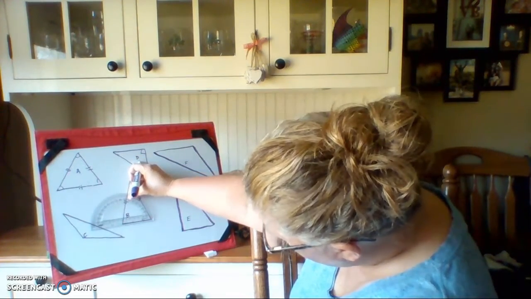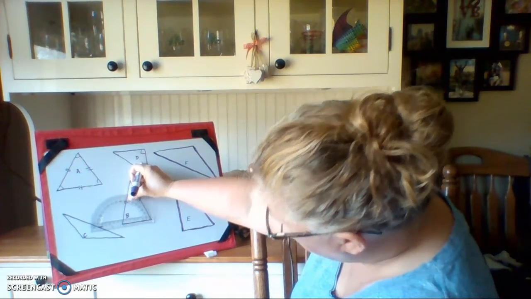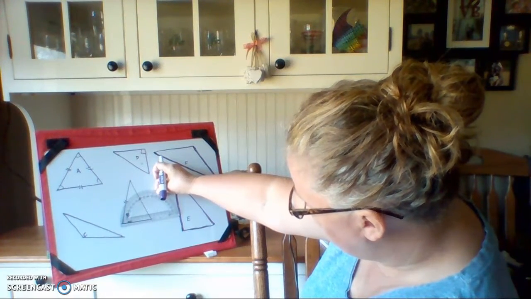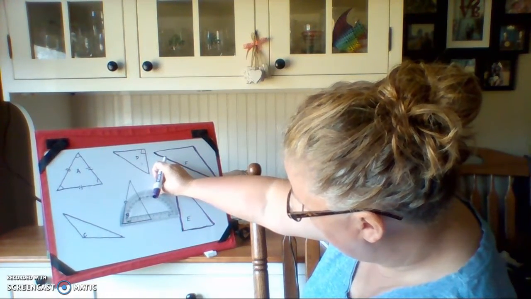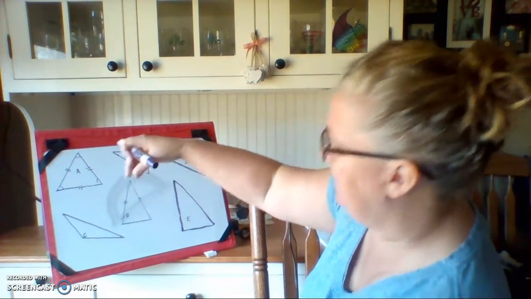So let's try and measure these angles. Down here, I am getting an angle measure of about 75. And in this corner, if I measure correctly, I also get an angle of about 75.